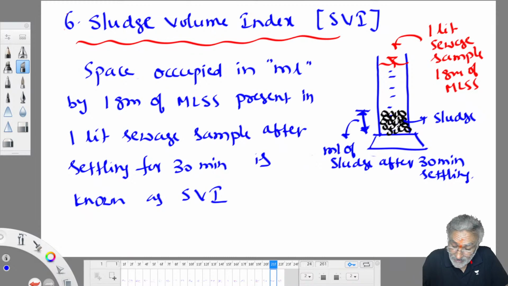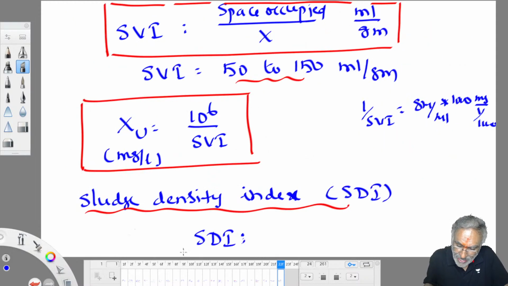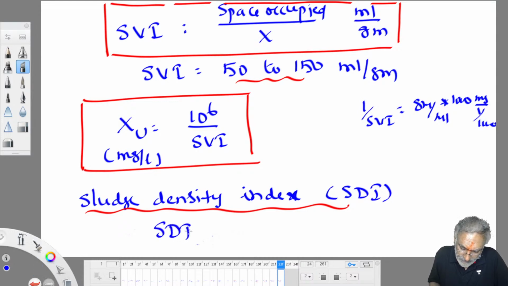the weight of 100 ml sludge accumulated at the bottom of the measuring cylinder after settling for 30 minutes is known as sludge density index. So it is weight per 100 ml. Sludge density index is equal to 100 by sludge volume index. In which unit do we express this?